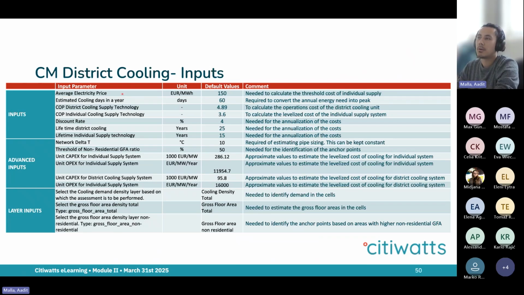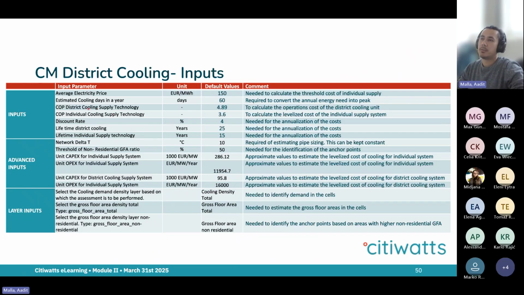The electricity price on one hand calculates the so-called threshold for the individual supply, the horizontal line that I showed in the previous graph, but it also adapts this price for district cooling supply, considering that district cooling networks would benefit from an industrial tariff rather than the electricity price paid by residential buildings, for example.